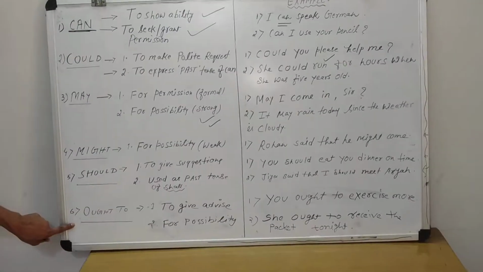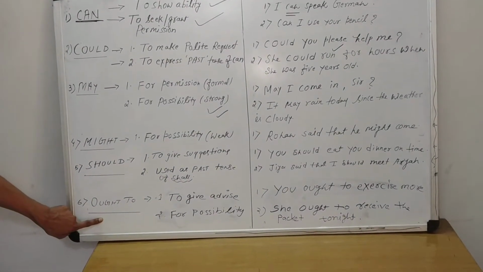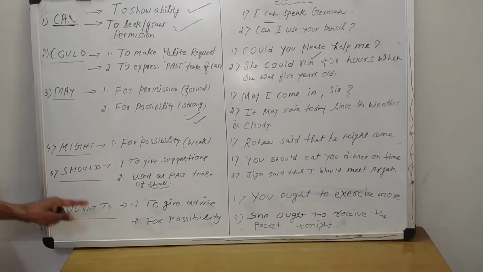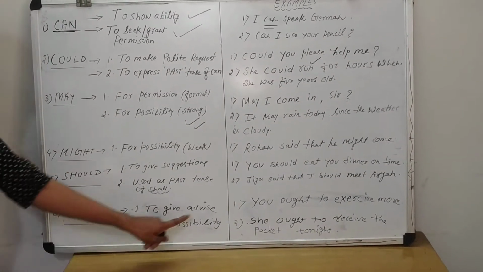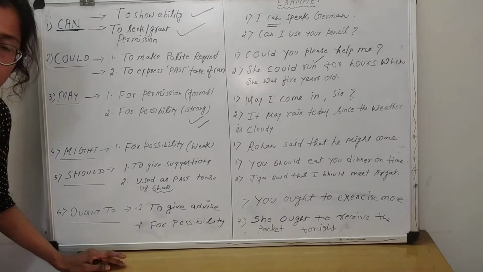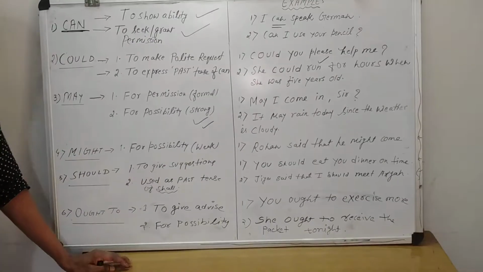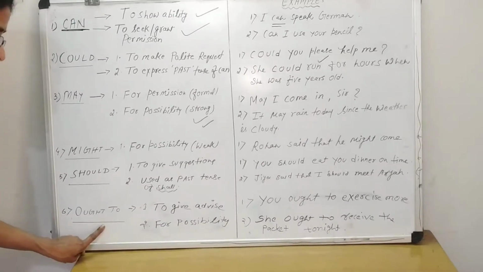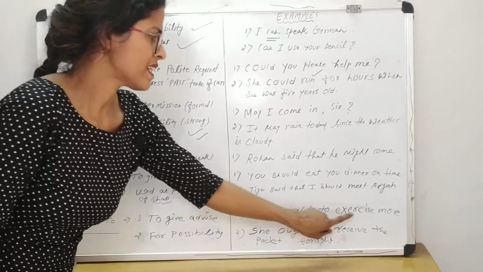Now come to ought to. It's a very, very significant modal verb. Understand this. Ought to is used to give advice or recommendation. Suppose you are advising somebody or recommending something to somebody, you will always use ought to. Like, you ought to exercise more.